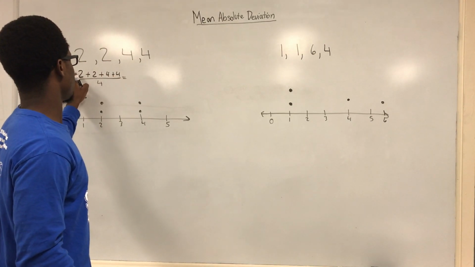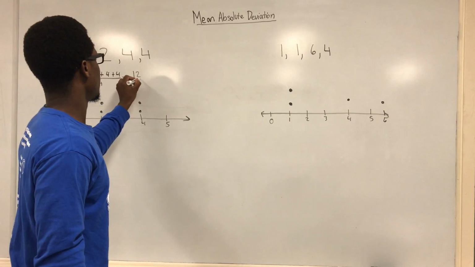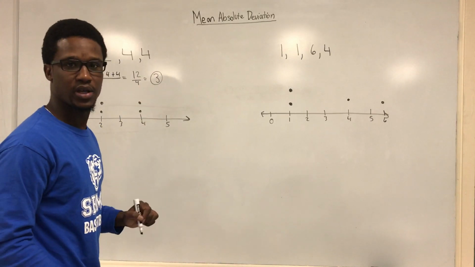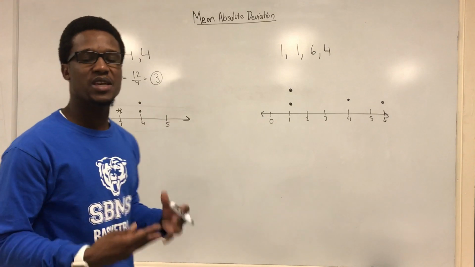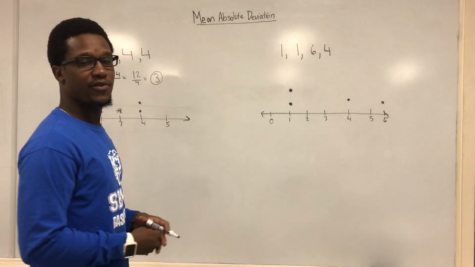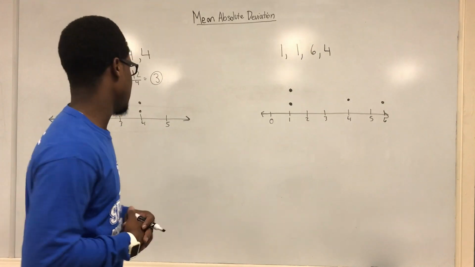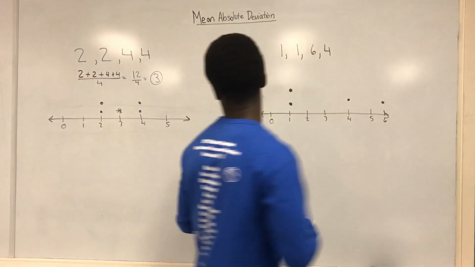So my mean is going to be 2 plus 2, which is 4, plus 4 is 8, plus 4 is 12, 12 over 4. So my mean in this case is going to be 3. So I'm just going to go ahead and star this right here. This is my mean or my average, otherwise known as one of the measures of center when we look at data.